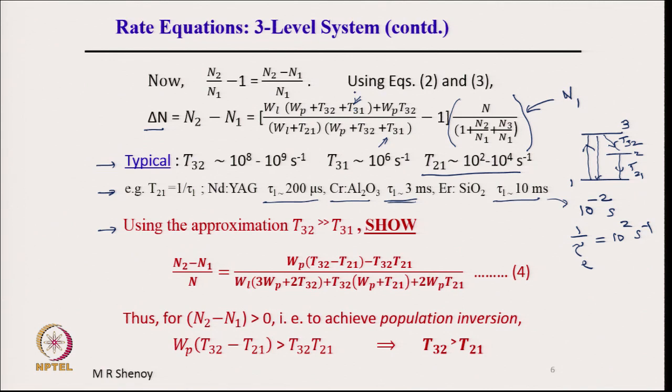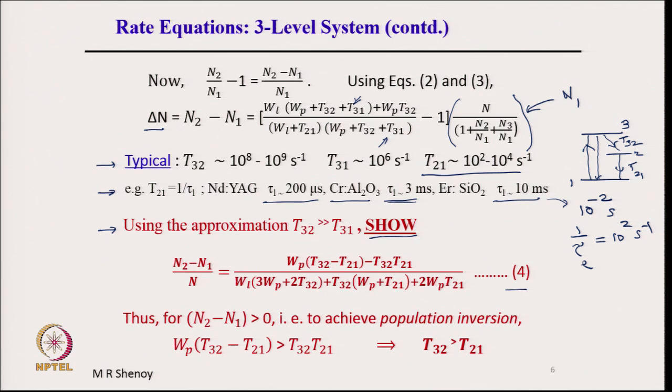Then the expression simplifies to this expression here, Wp, N2 minus N1 by N. Please see there is a minus 1 here, from where these negative signs have come. So, Wp into T32 minus T21, this is the only term. So, we have neglected T31 in comparison to T32, and then you simply simplify to show that N2 minus N1 by N is equal to this expression, expression number 4.